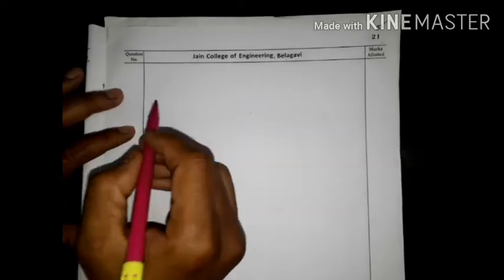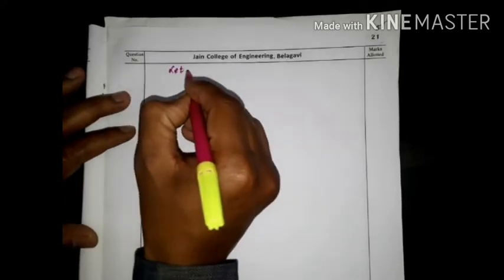Okay. So by assuming the diameter of bar, you have to calculate the spacing of bars. So let us assume 16 mm dia bar.